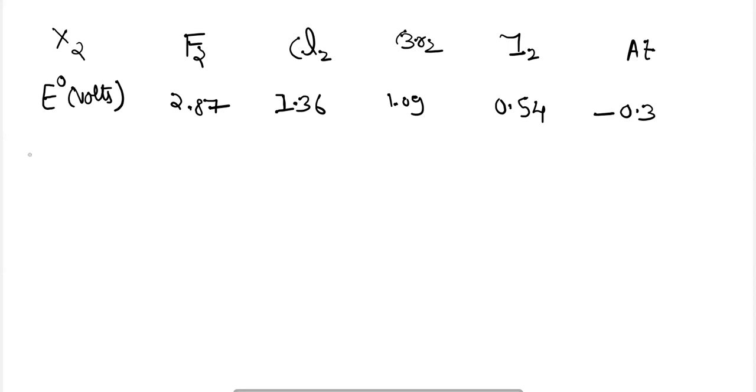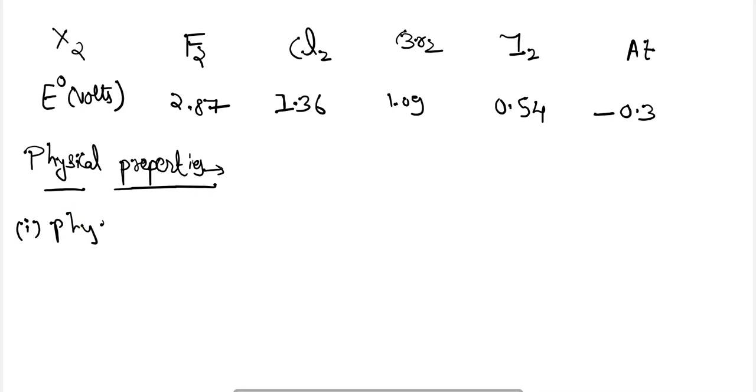These were some of the trends for the halogens in the periodic table. Now let's see the physical properties.